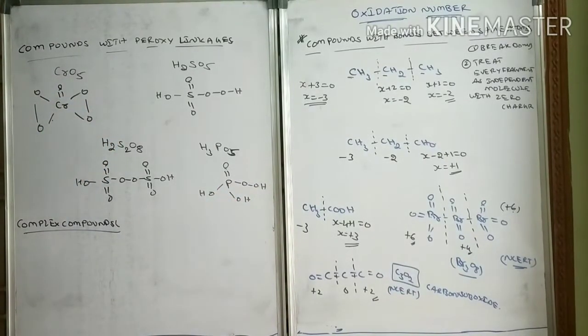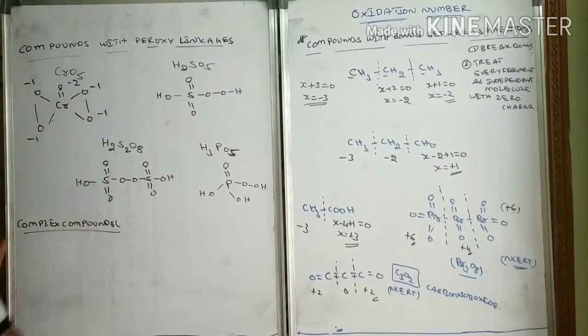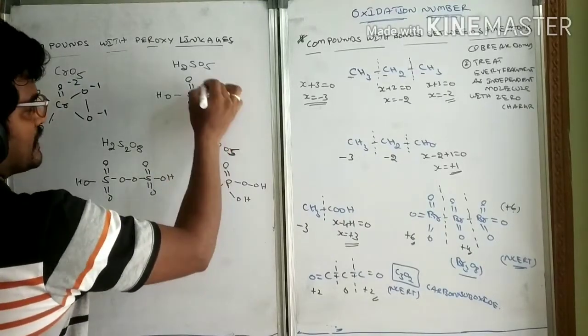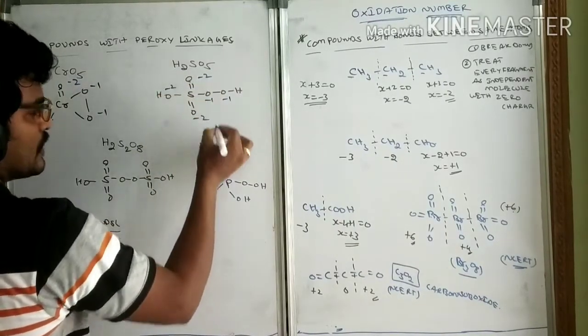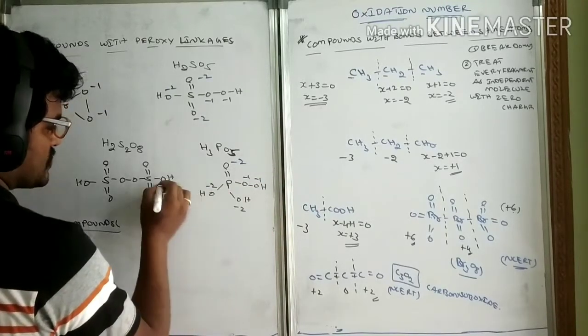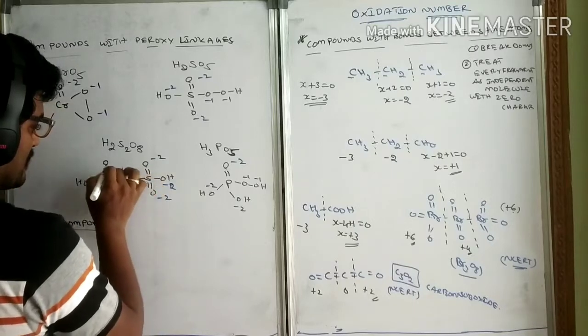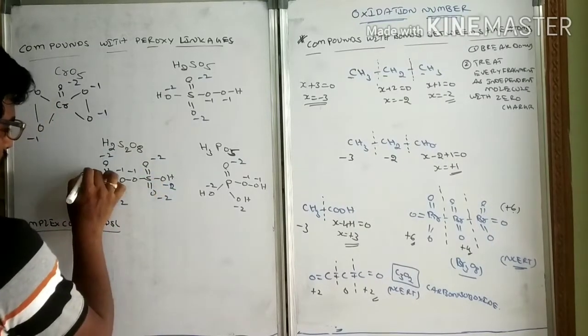So like this, whenever there are peroxide linkages in any compound, we consider the contribution from them as -1. The others will contribute -2.